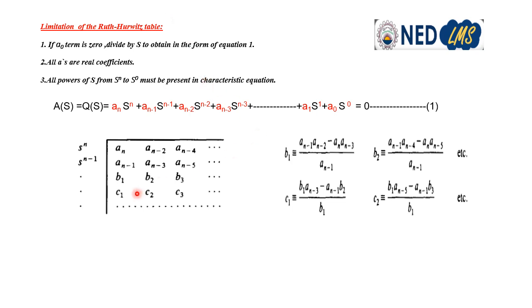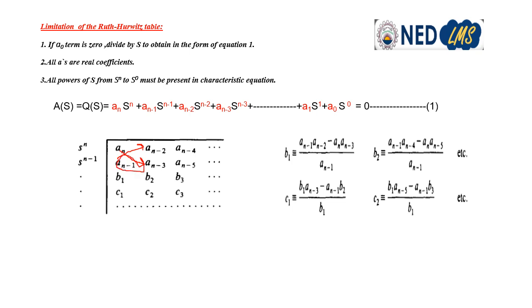For the next rows, that is third, fourth, and so on, we calculate b1 as, we first multiply an minus 1 by an minus 2, and then subtract the product of an and an minus 3 from this, and we will divide by an minus 1.